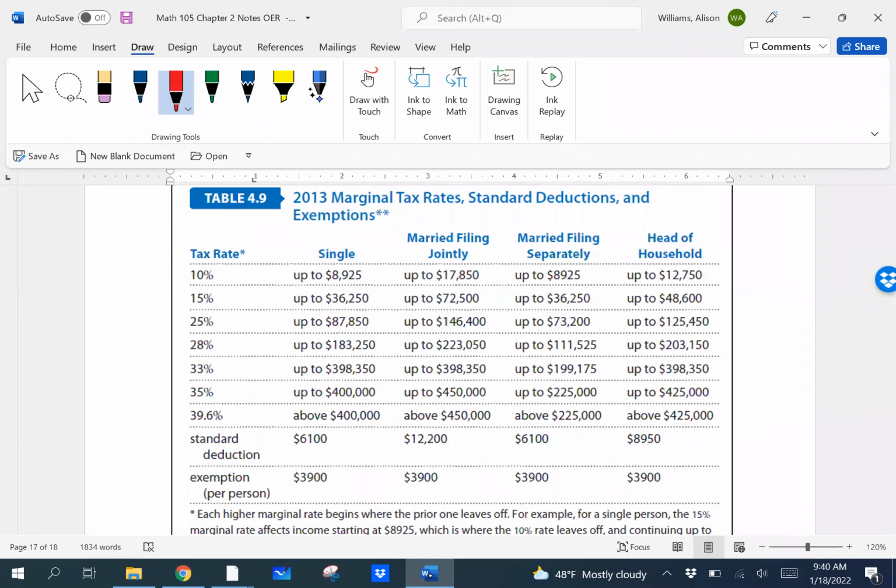Okay, so here we go. Their combined wages were $75,300. They earned $2,000 from a rental property they own and $1,650 in interest.